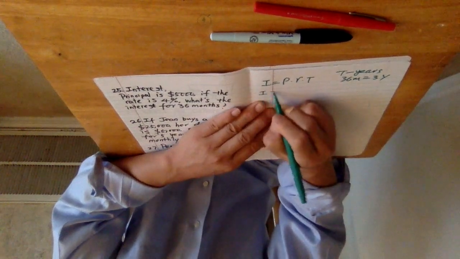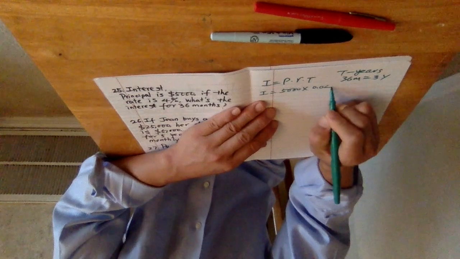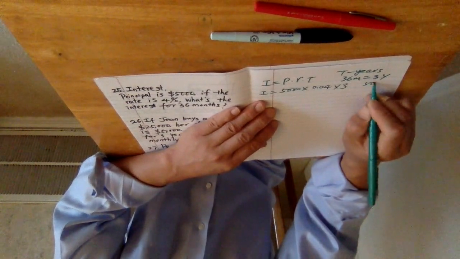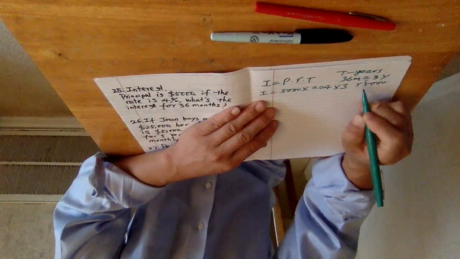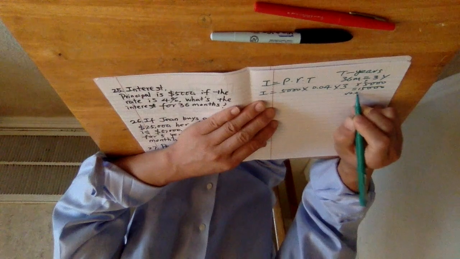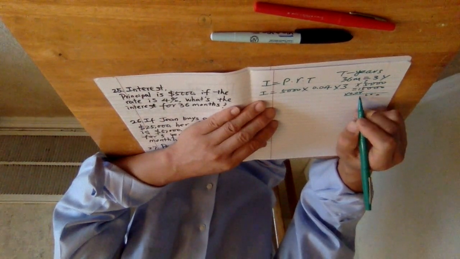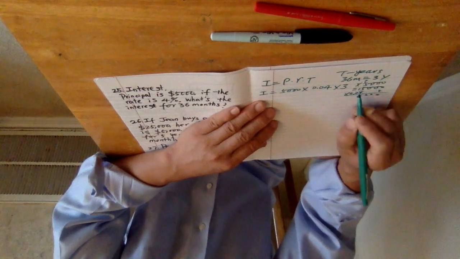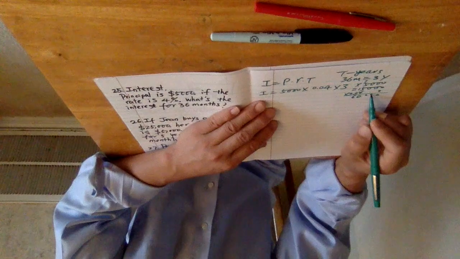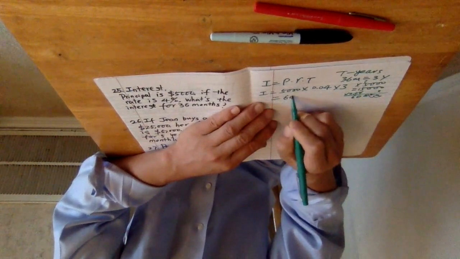So the interest will be 5,000 times 0.04 times 3. 5,000 times 3 is 15,000, times 0.04. So the interest will be $600.